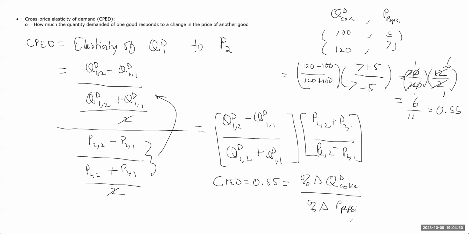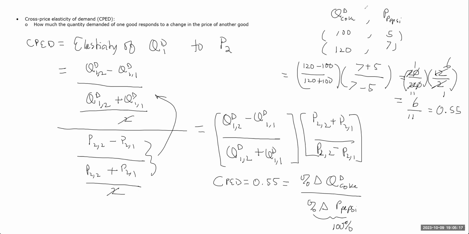So if the price of Pepsi went up by, let's do something simple, 100%, then quantity demanded of Coke goes up by 55%. Price of Pepsi went down by 100%, quantity demanded of Coke goes down by 55%. And I keep plugging in other numbers to calculate this.